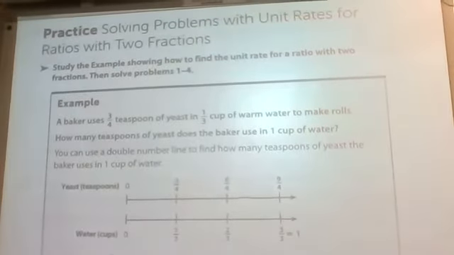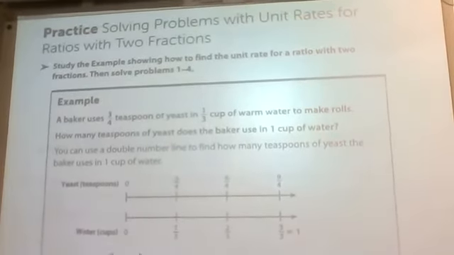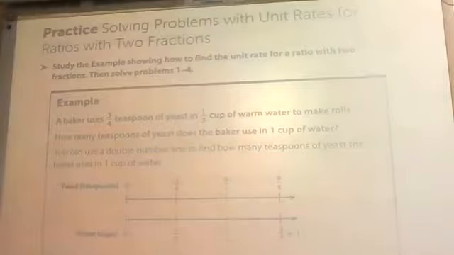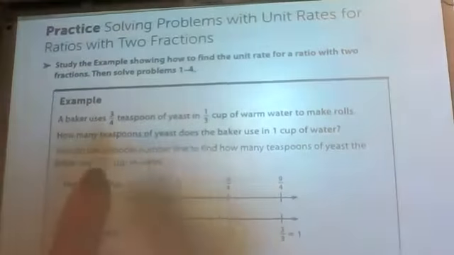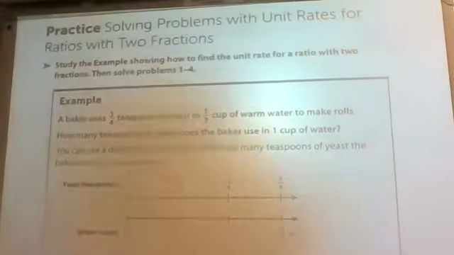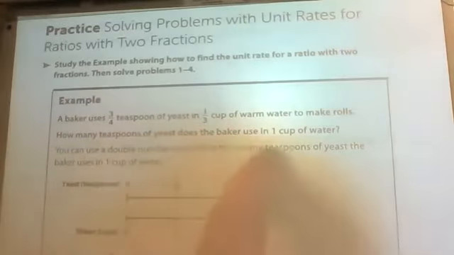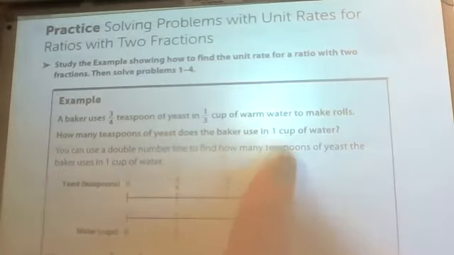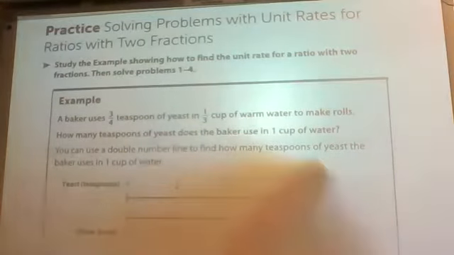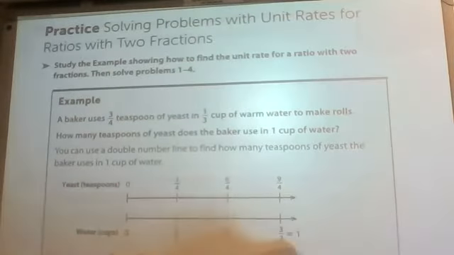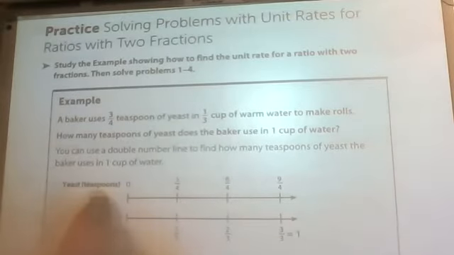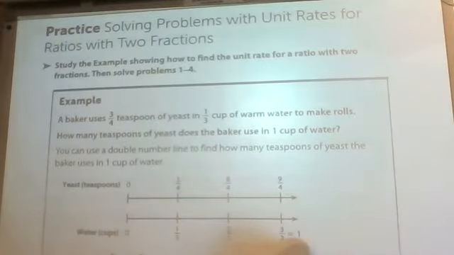The first problem says this. A baker uses 3/4 teaspoons of yeast and 1/3 cup of warm water to make rolls. How many teaspoons of yeast does the baker use in 1 cup of water? One method is to make a table showing the amount of teaspoons of yeast for every cup of water until you get to 1.